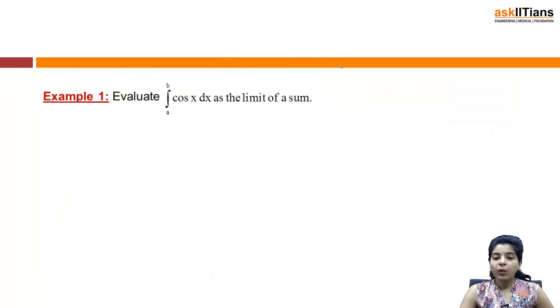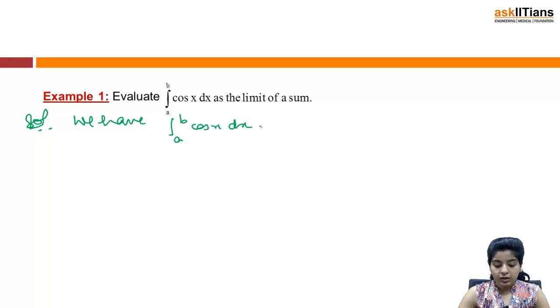Now see, evaluate integral a to b cos x dx as the limit of a sum. So how do we do that? We have integral a to b cos x dx, this is a function that I am given. So I can write it as limit h tends to 0 summation r, as we just now discussed.